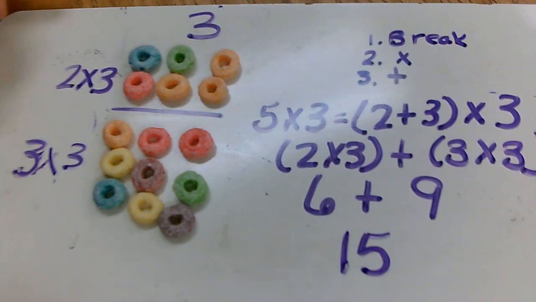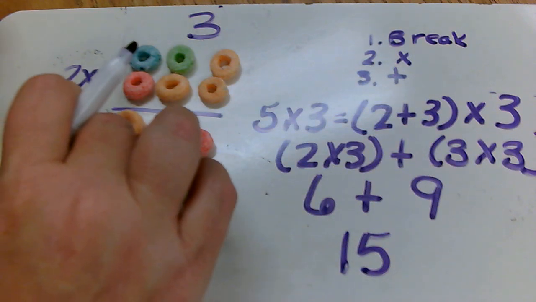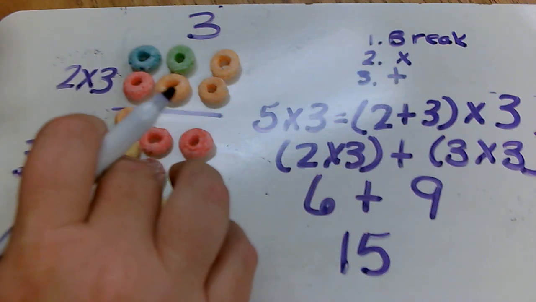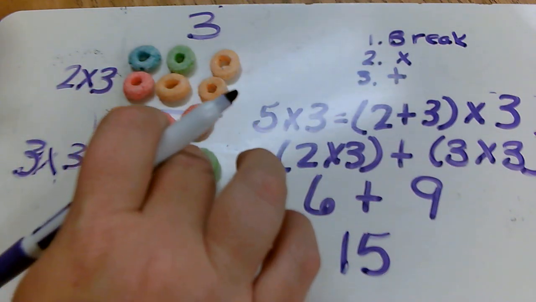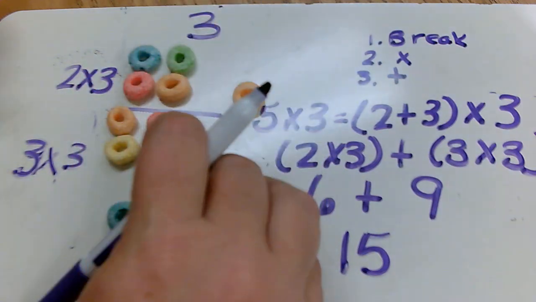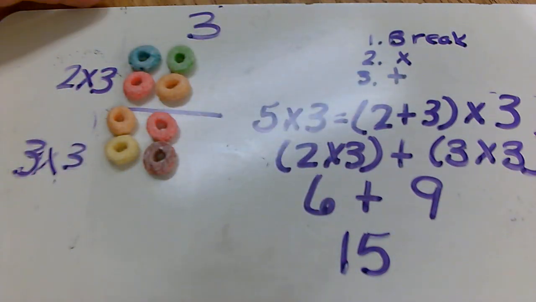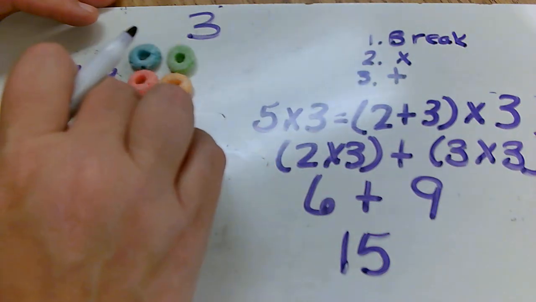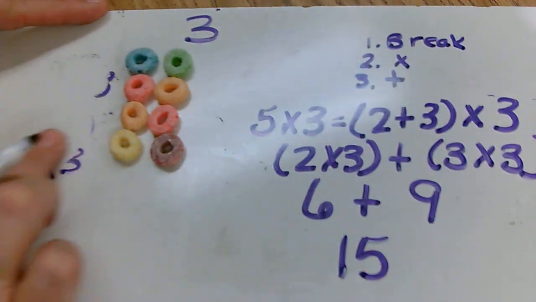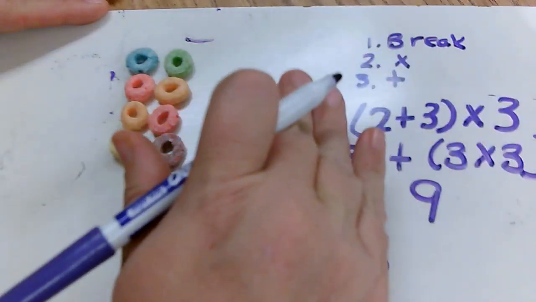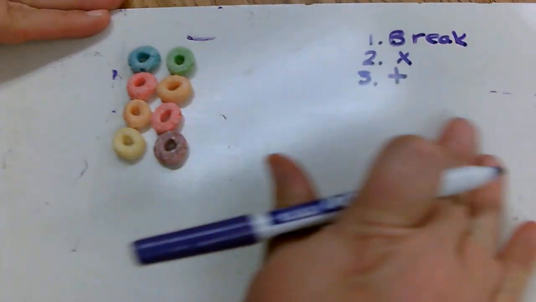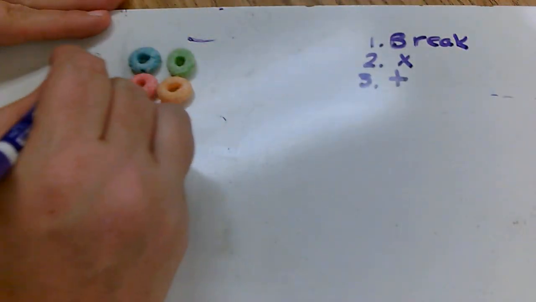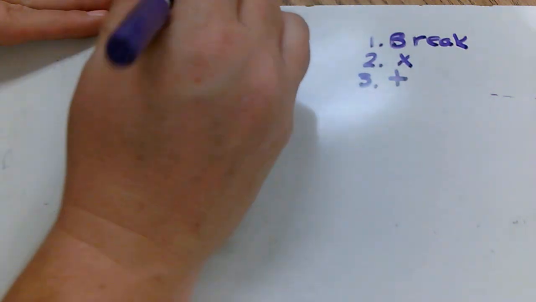Let's try another one. Now we're going to do 4 rows of 2. So let's take this off. 4 rows of 2.